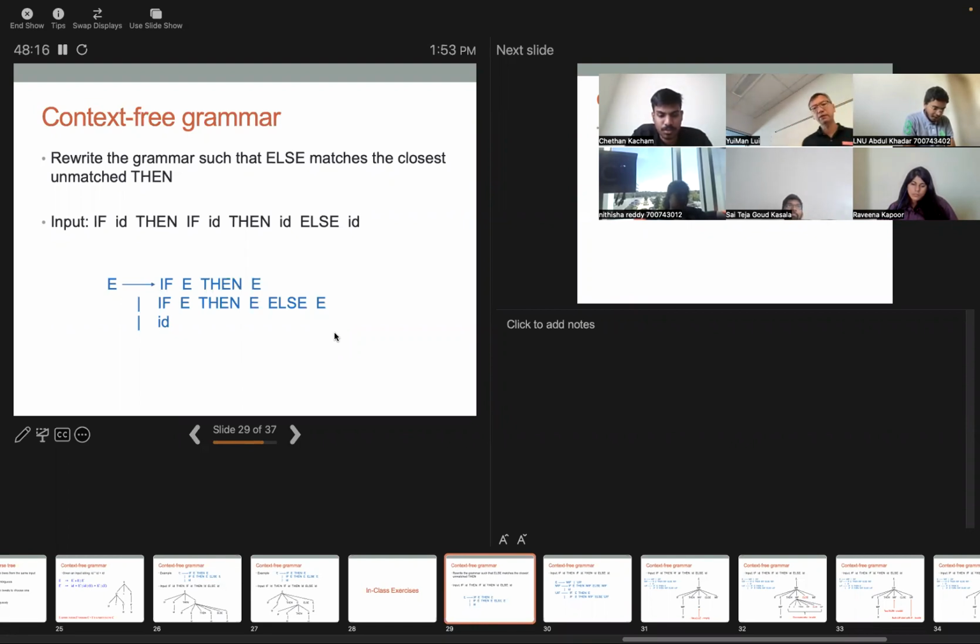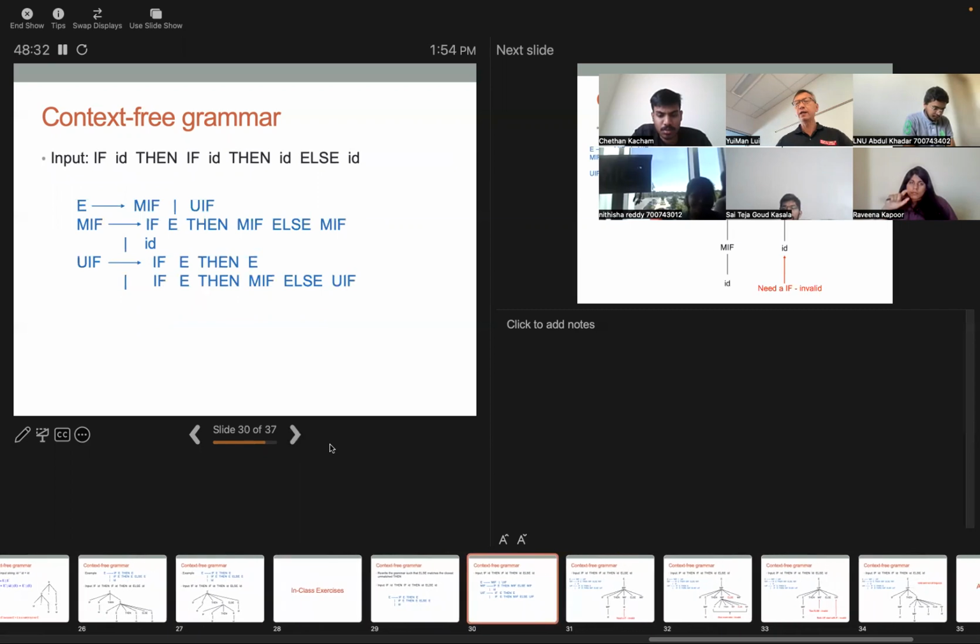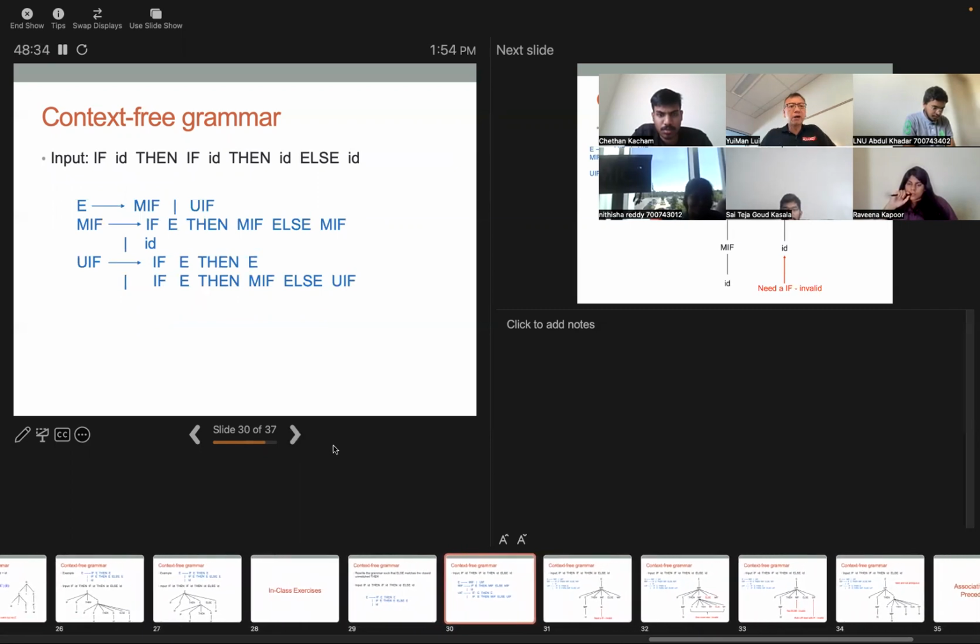All right, so we can take a look at my option here. Here is my rewritten grammar. E is going to go to MIF or UIF first.